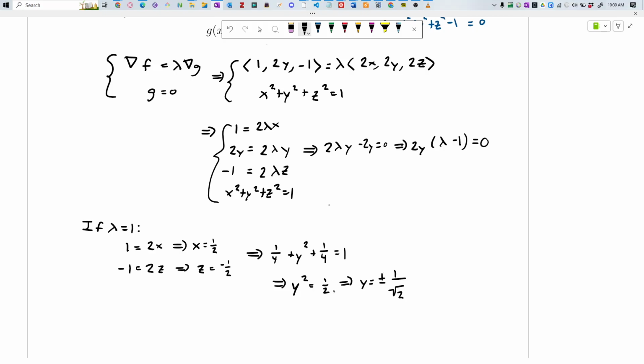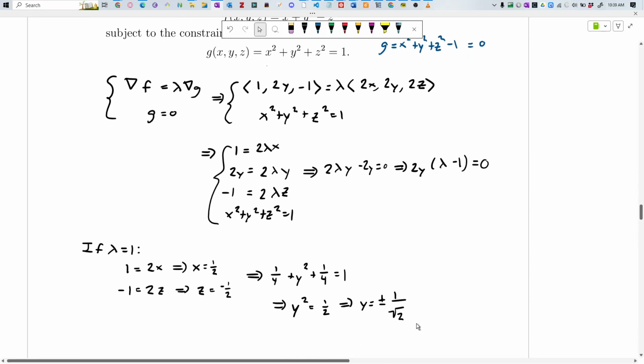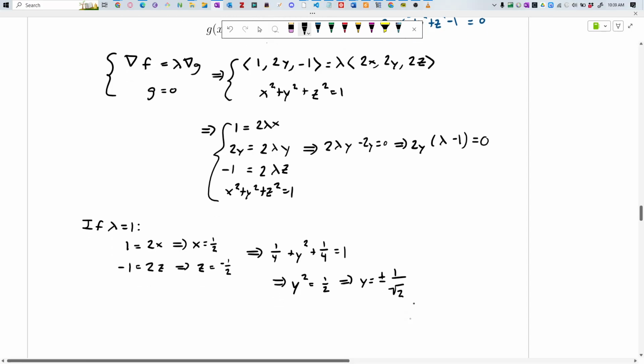We take the square root of this, and it does appear there's not a constraint on y saying that y needs to be positive or not. So we have these two possibilities for y. So altogether, this has given us the constrained critical points, 1/2, plus or minus 1 over square root of 2, and negative 1/2. So there are two constrained critical points from this branch. I'm trying to make this look a little bit nicer. Okay.